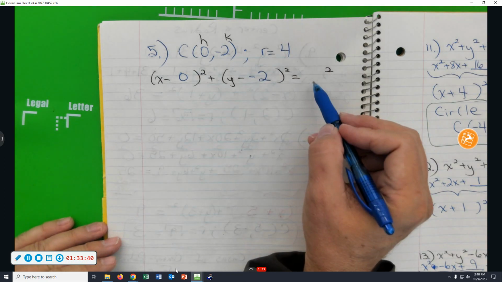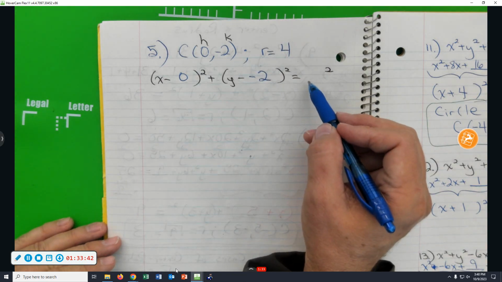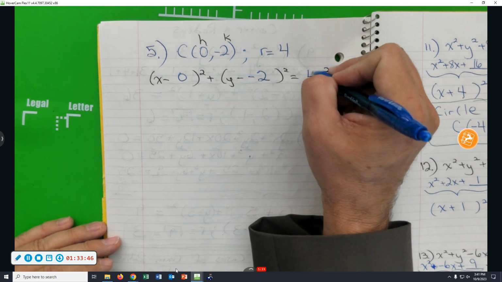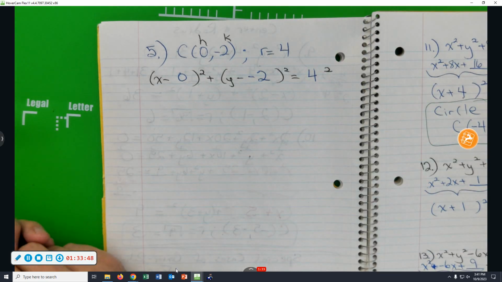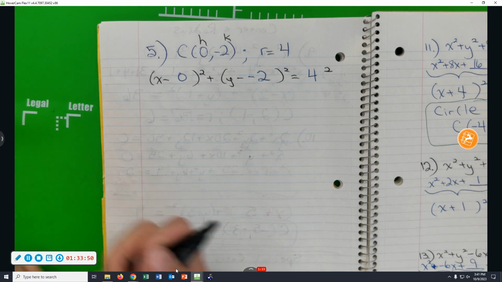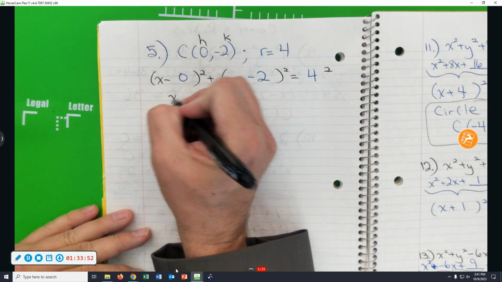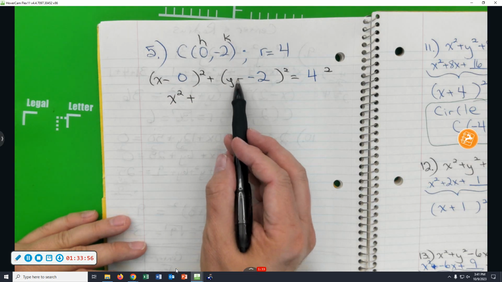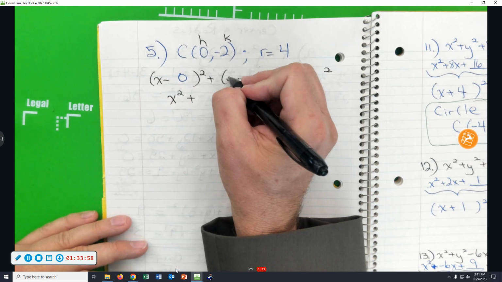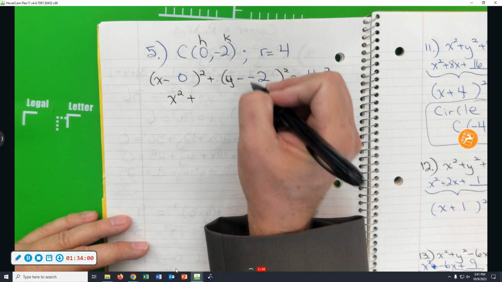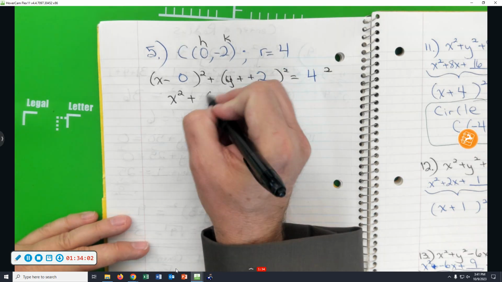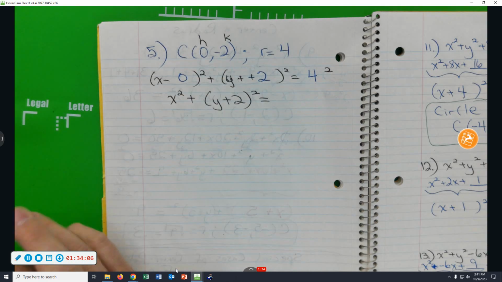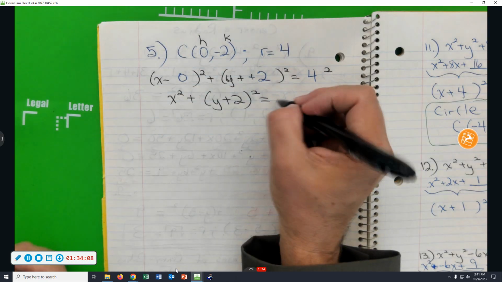And what's being squared here? 4. And we can clean this up very nicely. X minus 0 is just x. So we have x squared plus y minus a negative 2. That becomes y plus 2. And what have we got on the right side? 16.